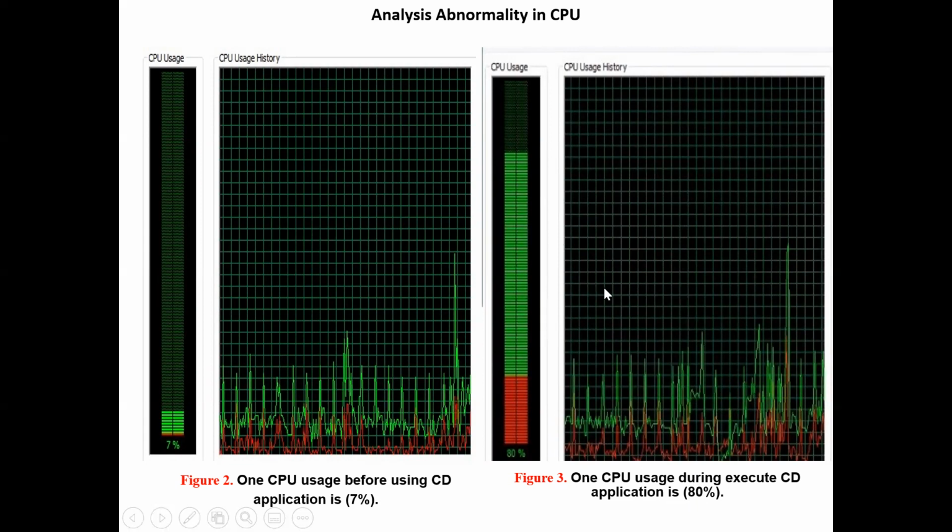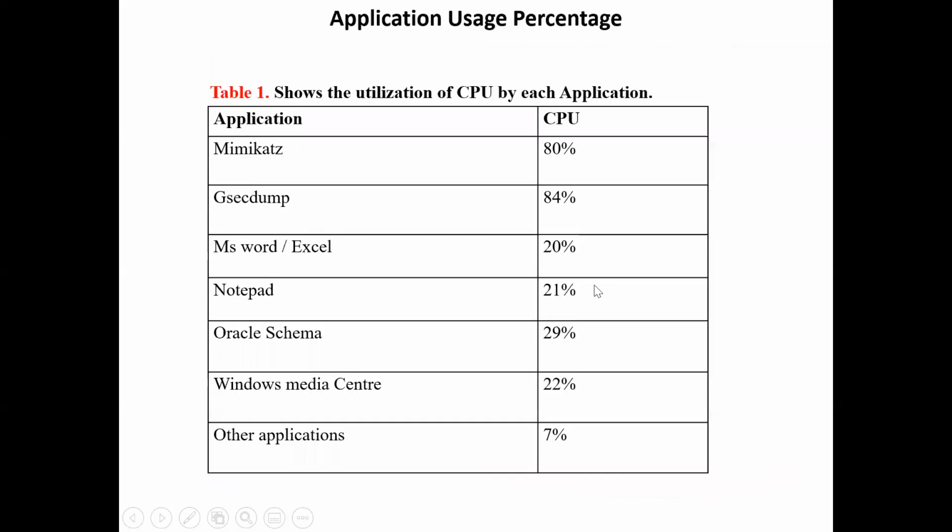It's a very huge percentage. After that, the application usage based on the test: Mimikatz was 80%, GSecDump, which is another credential dumping application like Mimikatz, 84%, MS Word and Excel 20%, Notepad 21%, Oracle Schema 29%, Windows Media Center 22%, other applications 70%.